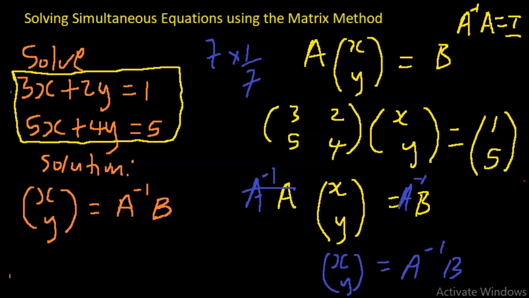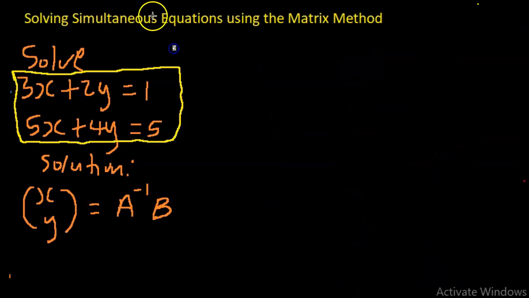Alright, let's solve a problem now. Let's remind ourselves of what A is. What is A? A is just the coefficients over here, right? So A is all these numbers, 3, 2, 5, 4. Because you need to have A to get A inverse, right?